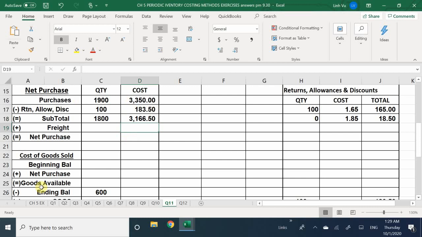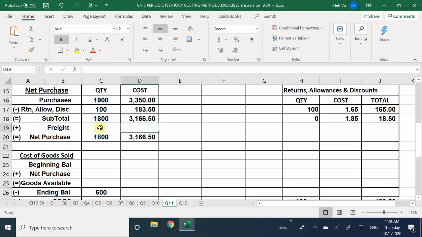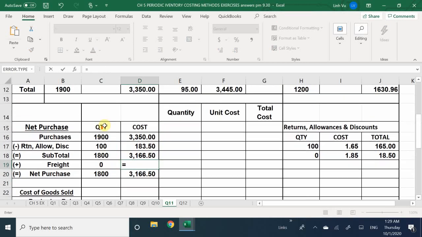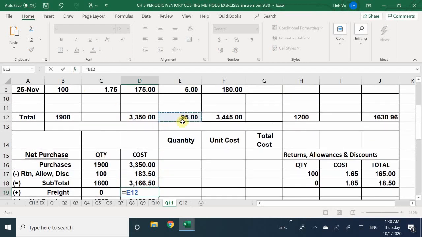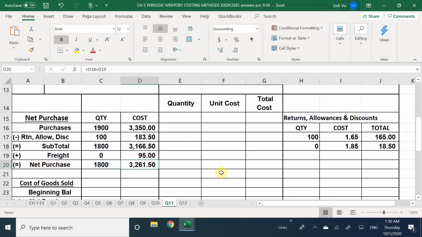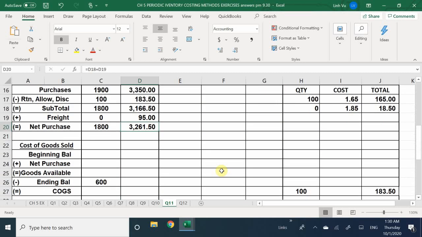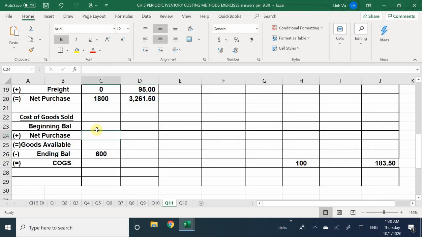Okay, we're going to add our freight in here. Our freight was a total of 95, bringing us a grand total of $3,261.50, and that's after returns are there.